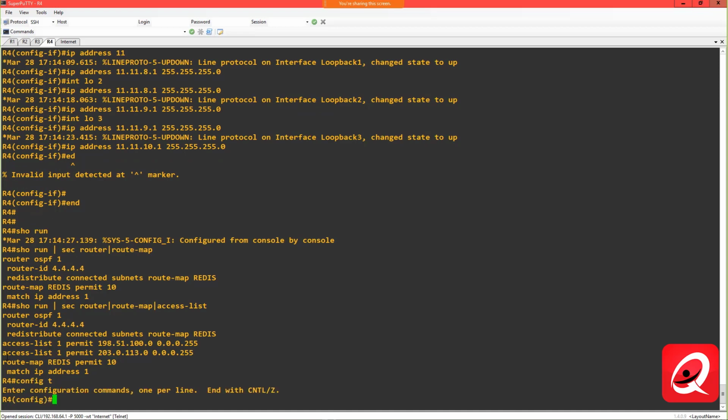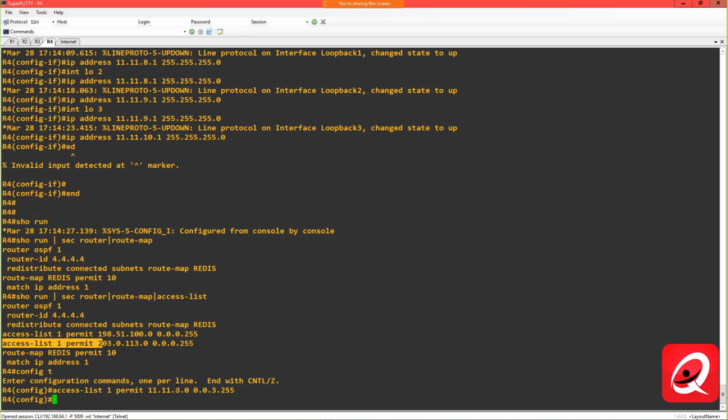And we're just going to permit the 10 subnets, permit 11 subnets, 11.11.8.0, 0.0.3.255. So I'm doing a block of 4 starting at 8.